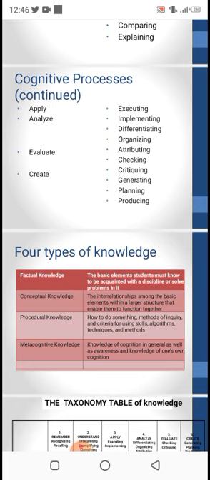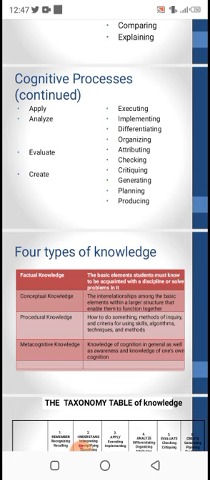The interrelationships among the basic elements within a larger structure that enable them to function together, no, this is conceptual knowledge. And factual knowledge is the basic elements students must know to be acquainted with a discipline or solve problems in it.